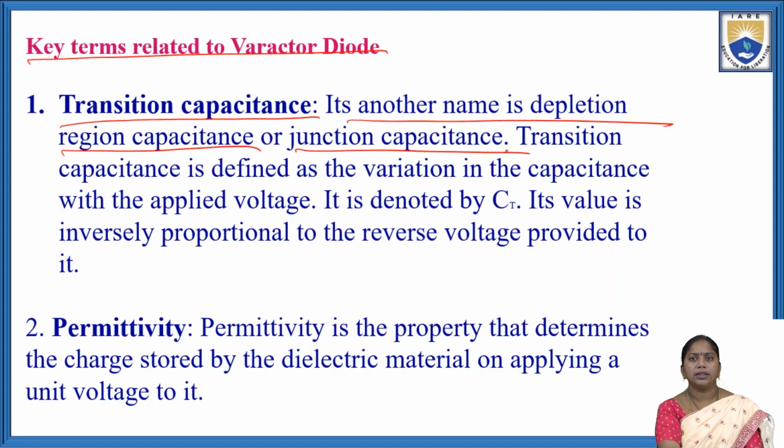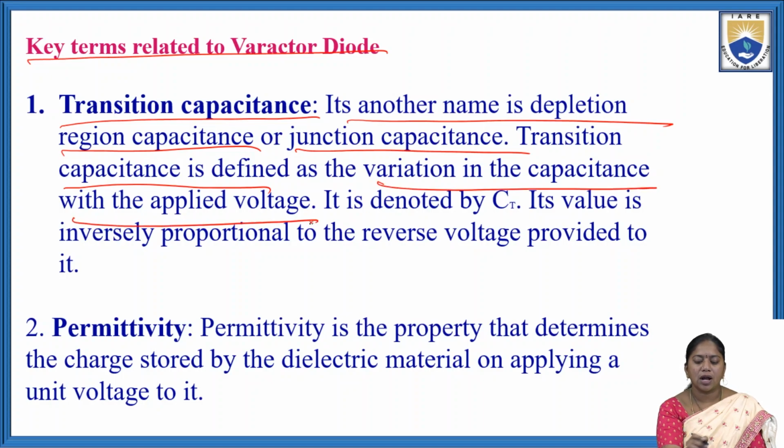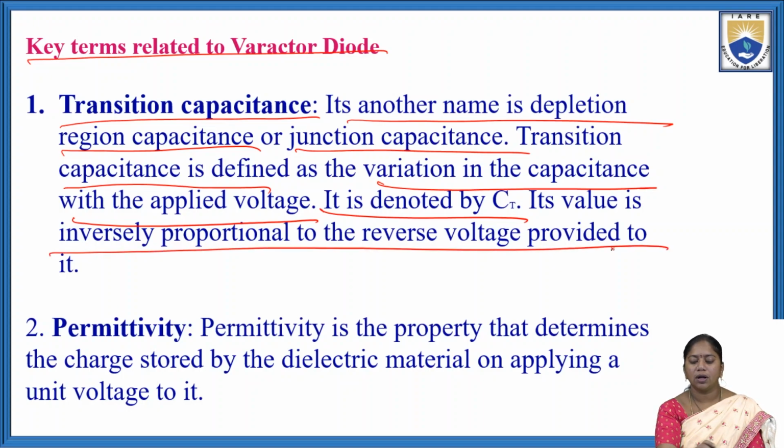Transition capacitance is defined as the variation in the capacitance with the applied voltage. It is denoted by CT. Its value is inversely proportional to the reverse voltage provided to it.